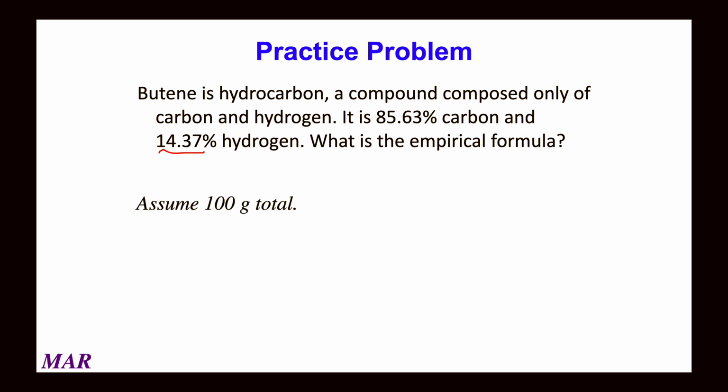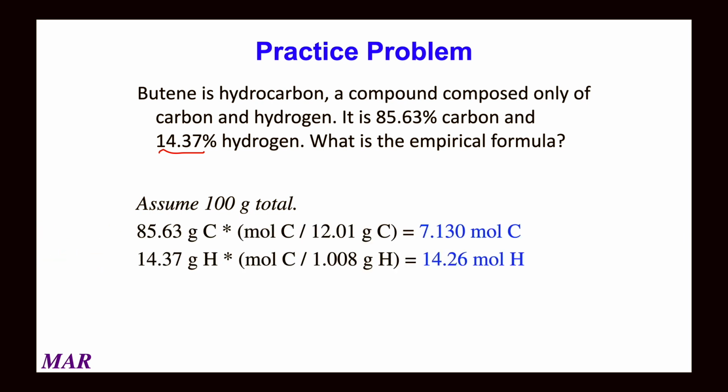So we'll end up with moles of hydrogen and moles of carbon. In 100 grams, we'd have 85.63 grams of carbon and 14.37 grams of hydrogen. We'll use the molar mass on the periodic table. Those are both the molar masses of those two elements. And we're going to end up with 7.130 moles of carbon and 14.26 moles of hydrogen.